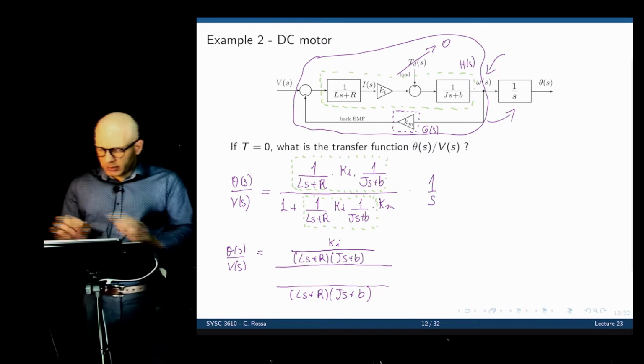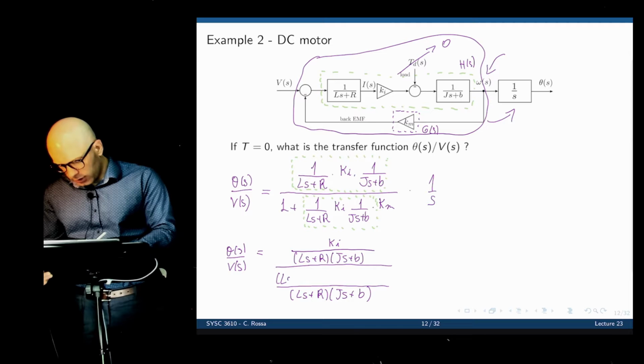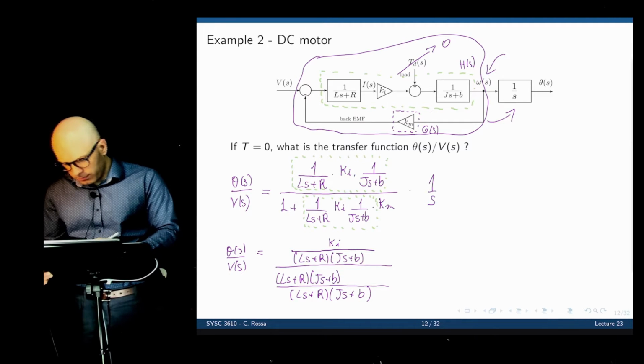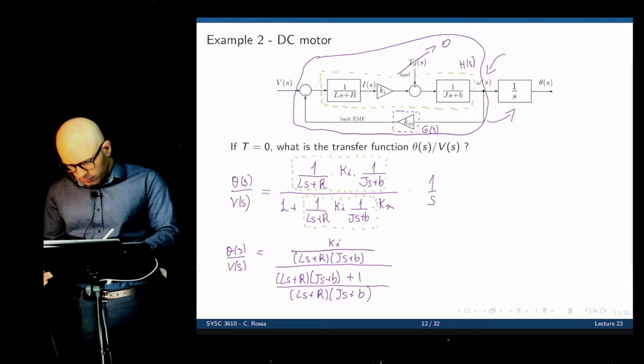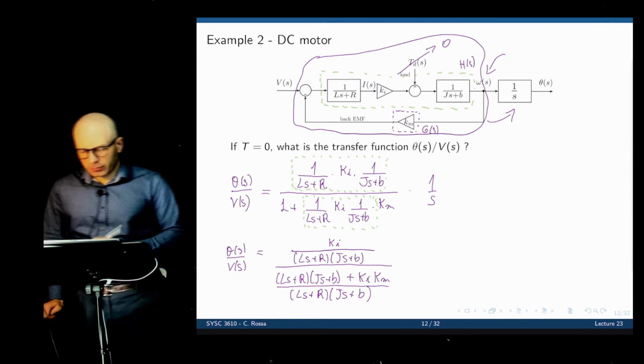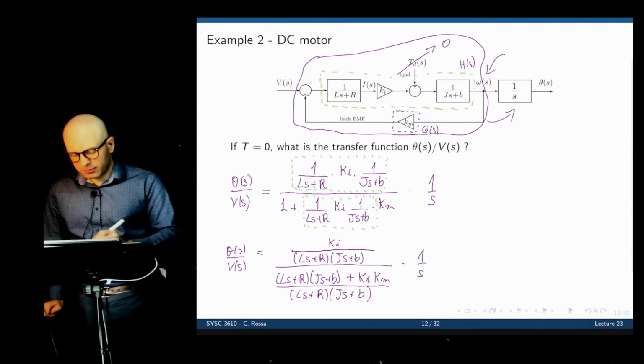We can now multiply that by 1, Ls plus R, Js plus B. No, there's no times Ki, sorry. Plus Ki times Km. Right, and all this times 1 over s.